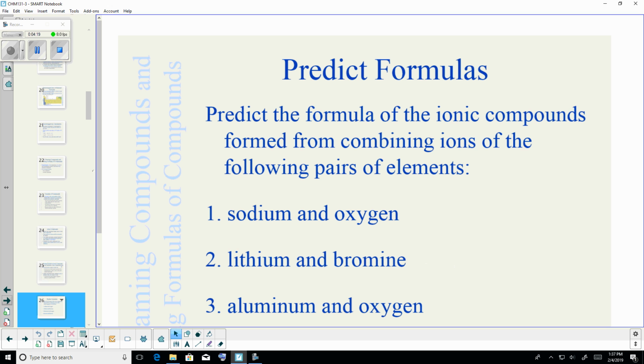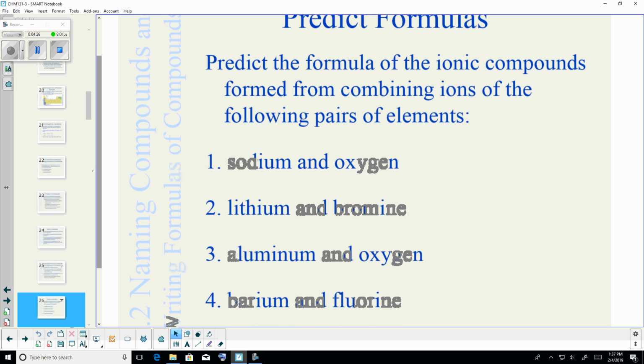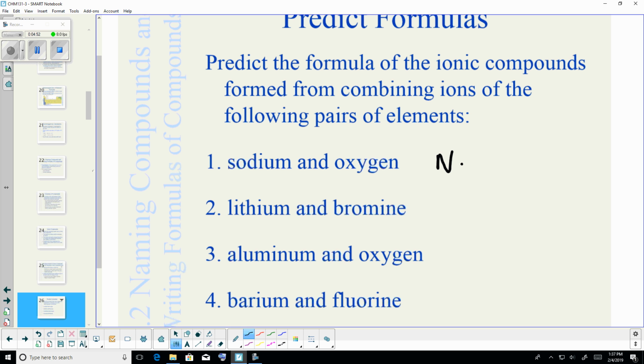Let's look at some examples. Predict the formula of the ionic compound by combining sodium and oxygen. All right, so first thing we're going to do is write the 2 elements, sodium, Na, and oxygen.